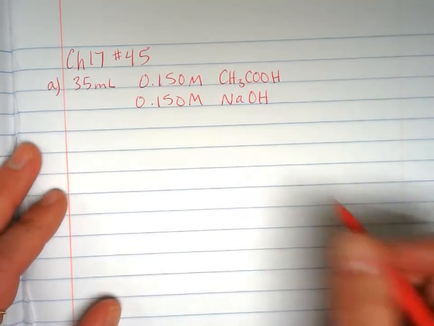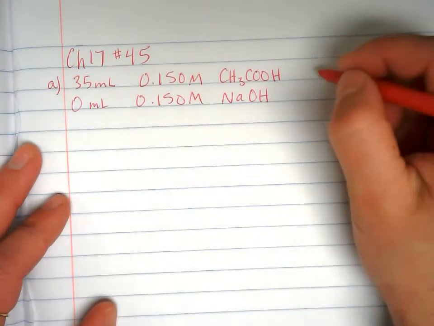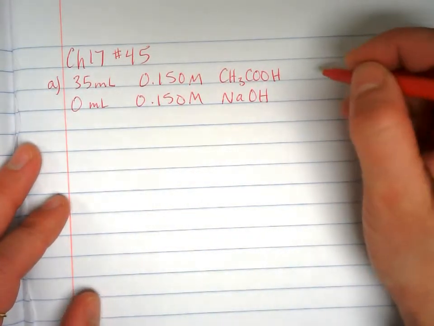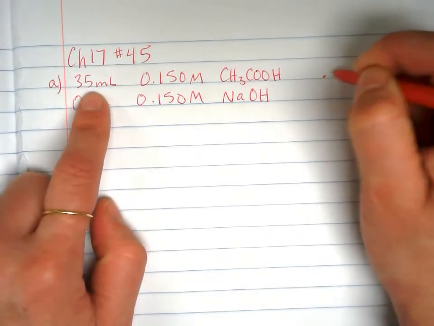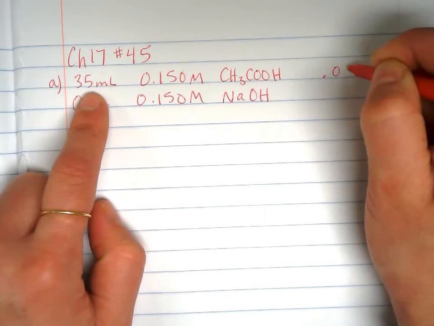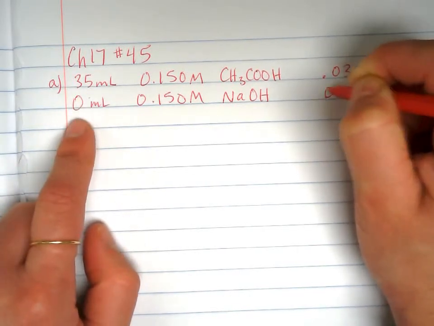And for A, we're going to have 0 milliliters. Maybe I'll also write out how many liters this is, because later on in the equation milliliters doesn't do much for me. So this is equivalent to 0.035 liters and obviously 0 liters.